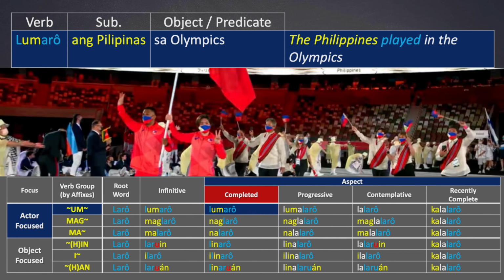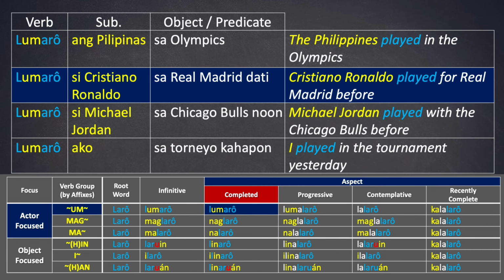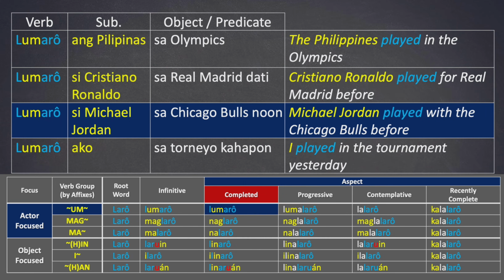Lumarô ang Pilipinas sa Olympics. The Philippines played in the Olympics. Lumarô si Cristiano Ronaldo sa Real Madrid dati. Cristiano Ronaldo played for Real Madrid before. Lumarô si Michael Jordan sa Chicago Bulls noon.